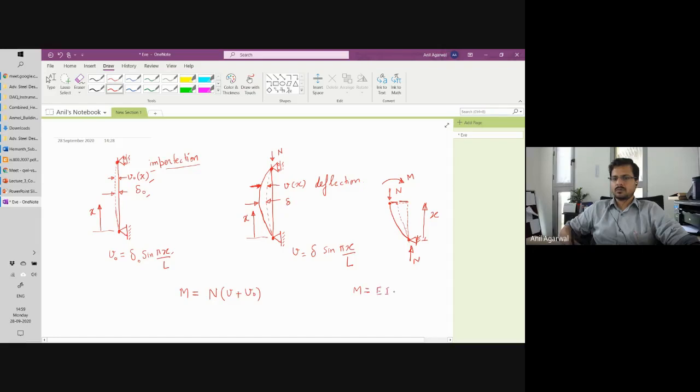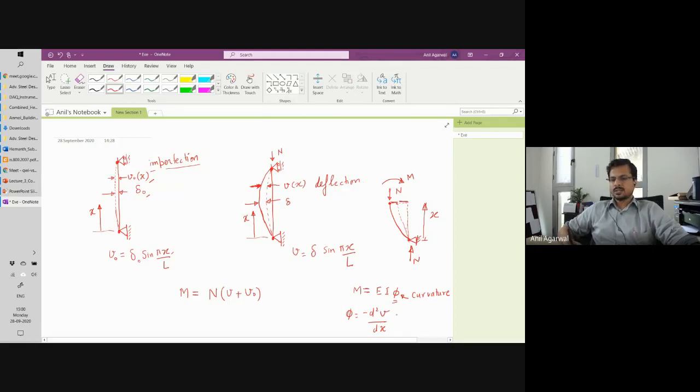EI phi. Phi is the curvature, right? Don't confuse this phi with another phi that will come in this discussion later. That's why I'm pointing out that phi is curvature here. Phi, whatever you want to call it. And phi in this particular case is equal to minus d2y by dx2, or d2v by dx2.